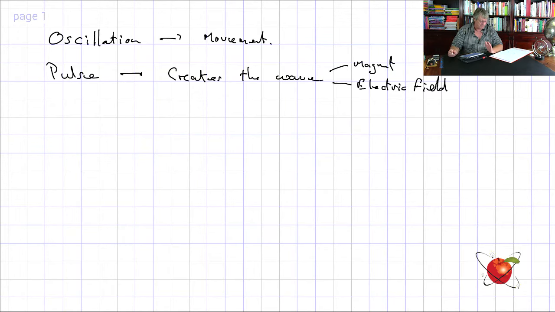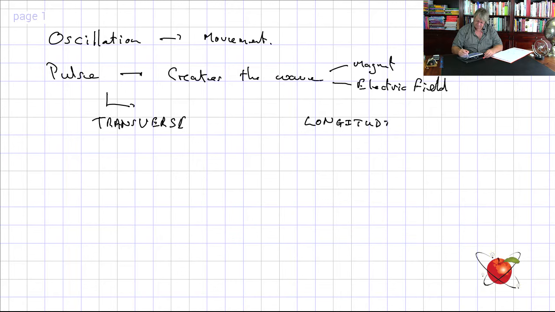Now, let's have a look at a pulse. There's two types. One is transverse, and the other one is longitudinal. Transverse and longitudinal, well, what does it mean?